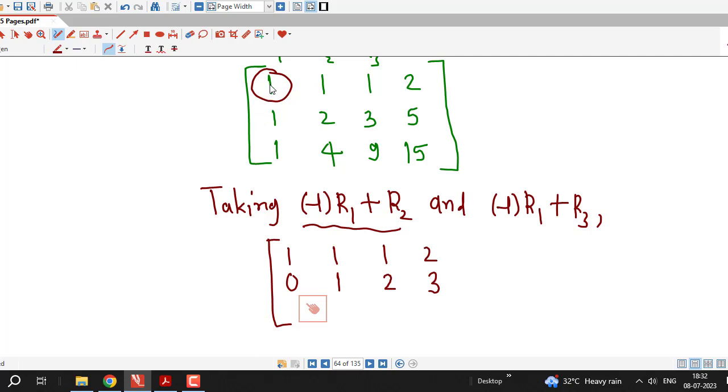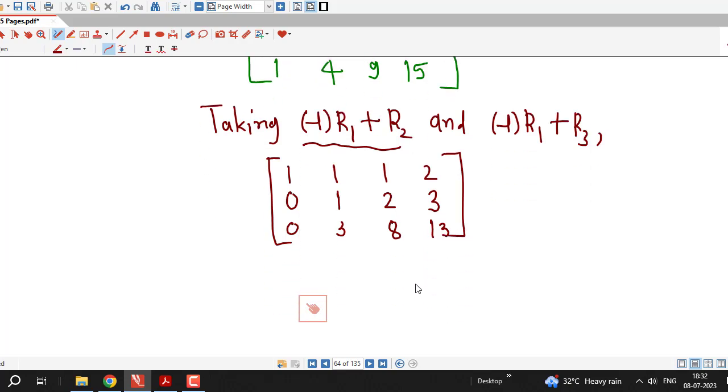Similarly I have to multiply first row by minus 1 and add in third row. Minus 1 plus 1 is 0, minus 1 plus 4, that is 3, minus 1 plus 9, that is 8, minus 1 plus 15, that is 13. So this is the first operation for row echelon form.